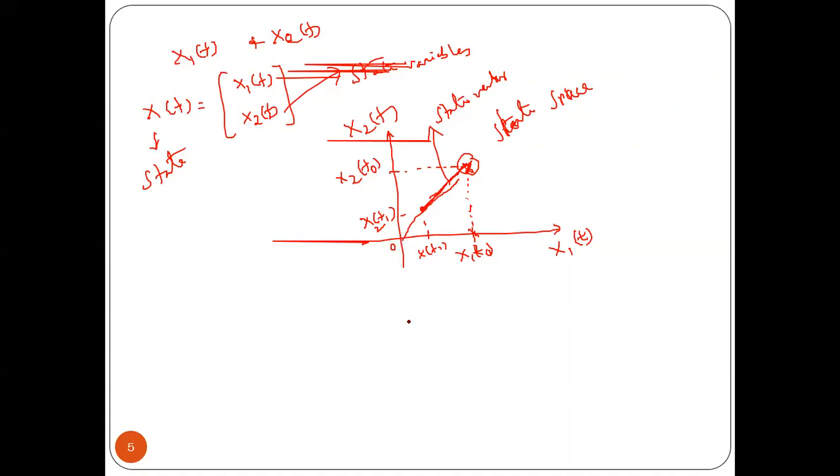And state trajectory is also there. State trajectory is given by, suppose you have two state variables x1 of t and x2 of t.